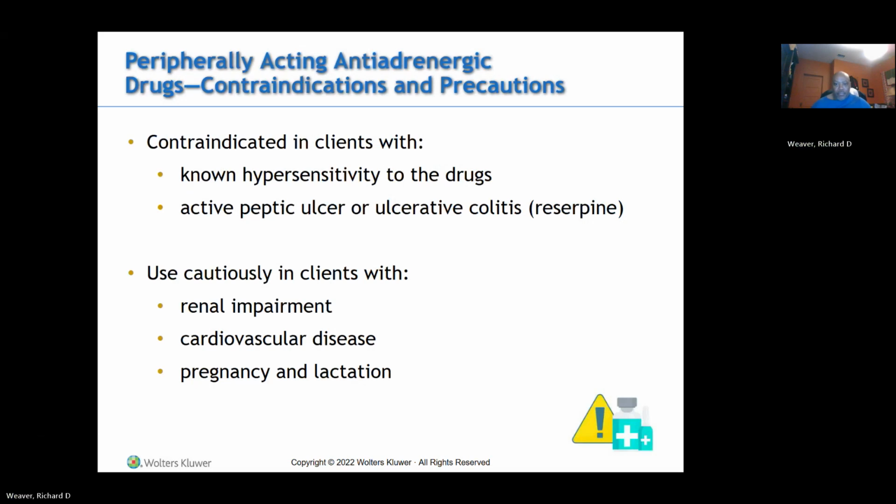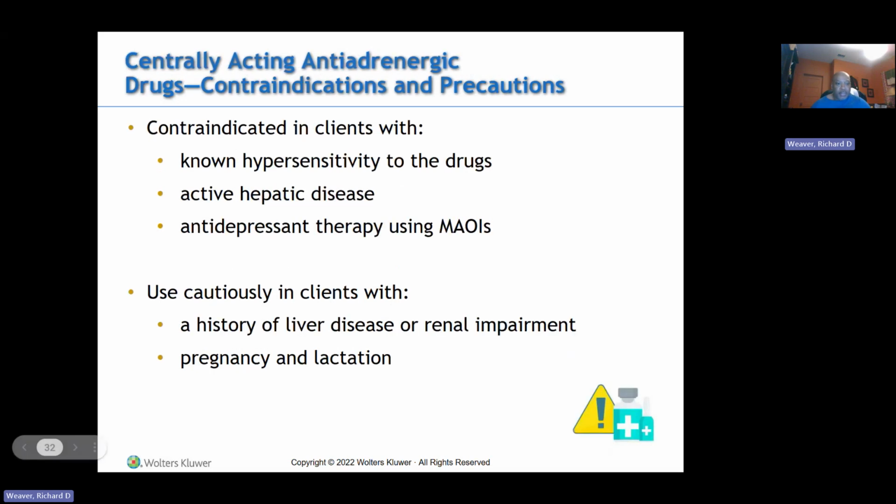Right. And of course, take a look at when we would be cautious with renal and cardiovascular issues, and obviously pregnancy and lactation seems to be always a given. The contraindications for this drug is active hepatitis, and also antidepressant therapies using MAOIs.